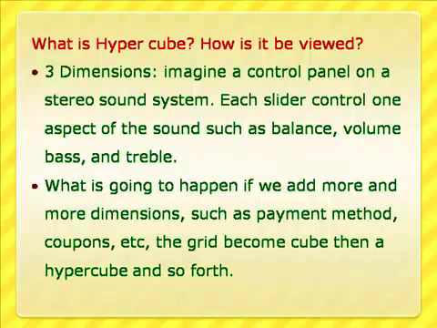Any number of dimensions can be added. Therefore, there is no physical metaphor for more than 3 dimensions. That is the reason why we should think in an abstract sense. Is it clear? This is how we should interpret the concept of hypercube by generalizing from one dimension to two dimensions, three dimensions, and beyond three dimensions.